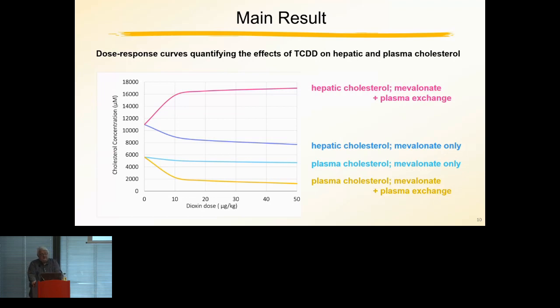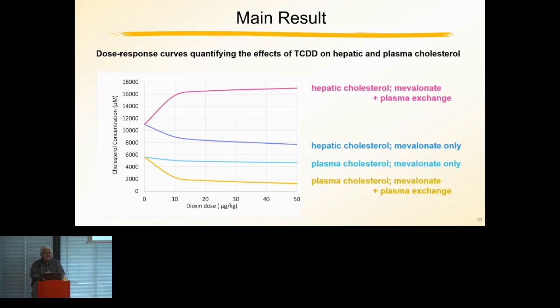However, if you look at the reddish curve, it goes up. And that's the same model, but it includes the relationship between the liver and the plasma, because there are all these proteins in the plasma that transport cholesterol, and there is a change by dioxin in how much goes into the liver and comes out of the liver.